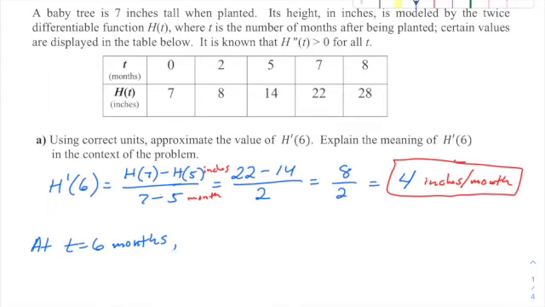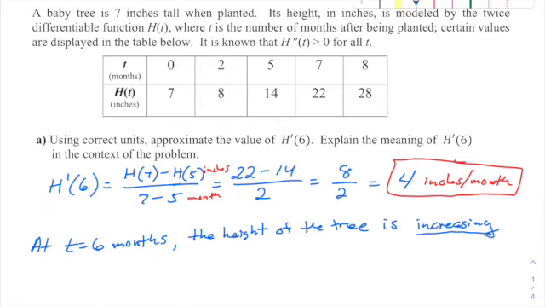And h prime is the rate of change of h, and h is the height. So I'm going to translate that into words. The height of the tree is, and because the derivative was positive, that means h is increasing, it's going up. I always try to incorporate the word increasing or decreasing, depending on whether my derivative value is positive or negative.